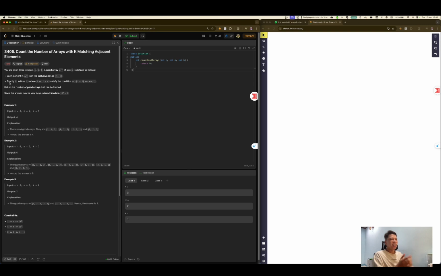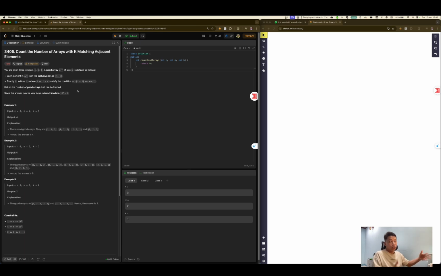Next, exactly k indices satisfy the condition, which means two adjacent elements share the same value. So all we need to do is return the number of good arrays that can be formed. That's a combinatorics problem, obviously. Since the answer is very large, we take it modulo.